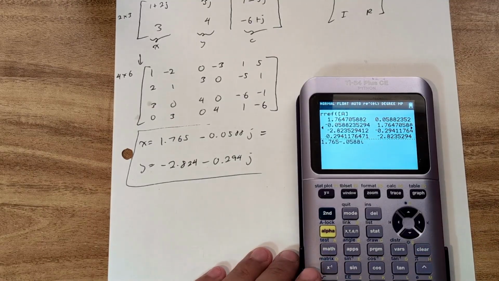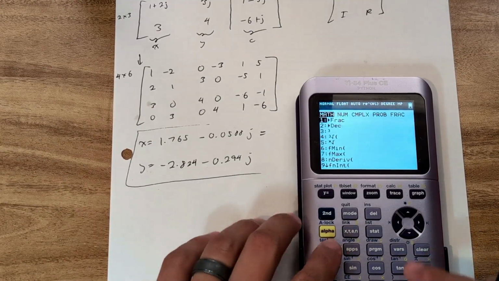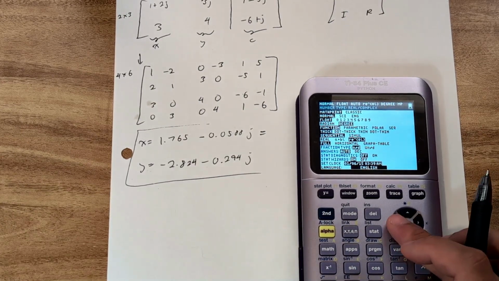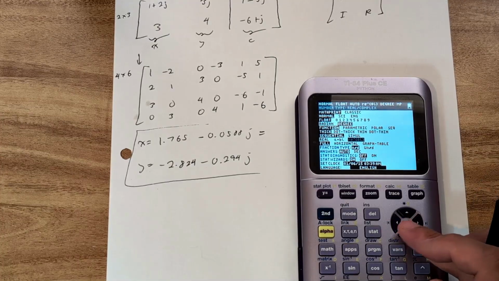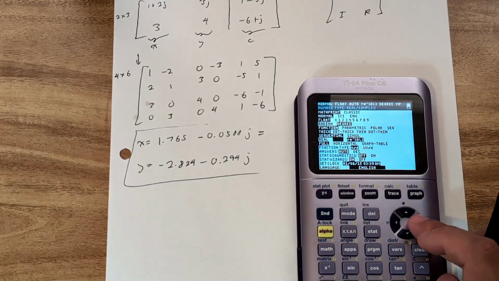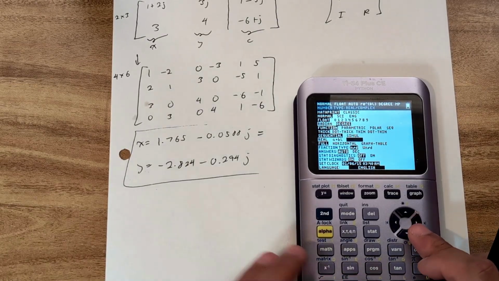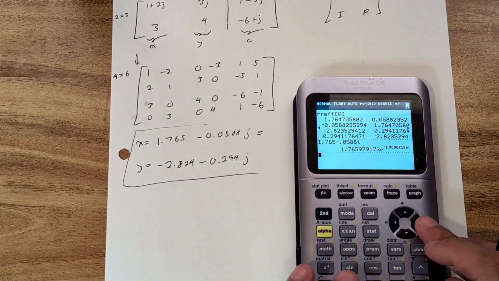And then press enter. Actually, before you press enter, you're going to want to have this in polar form. Go to mode. I already have it in polar form. And then you're going to see this part right here. Press enter. Second, quit. Press enter.